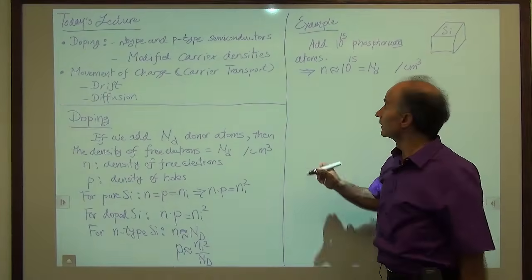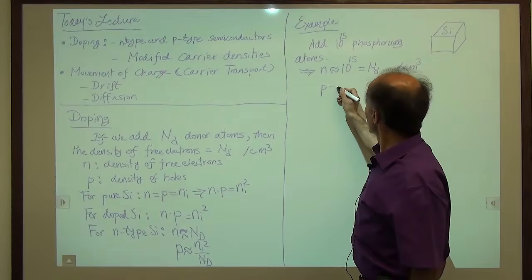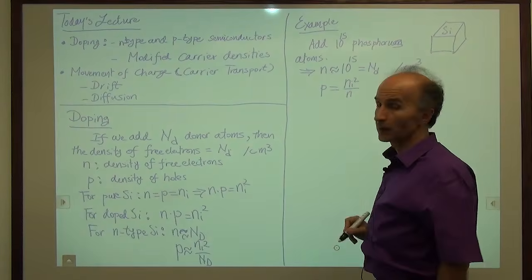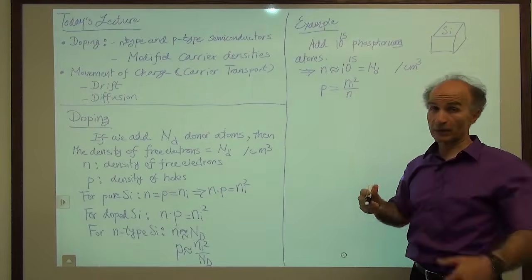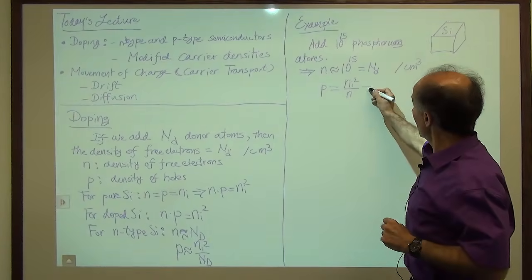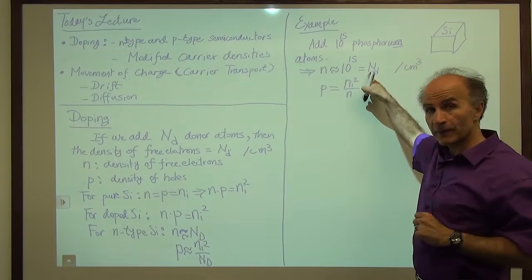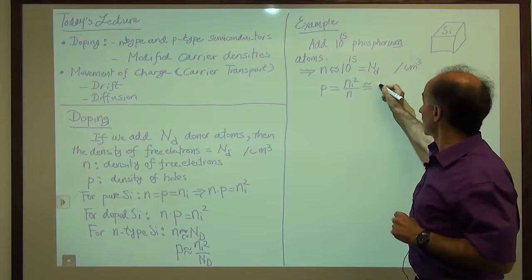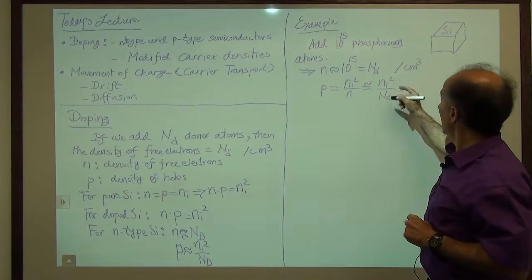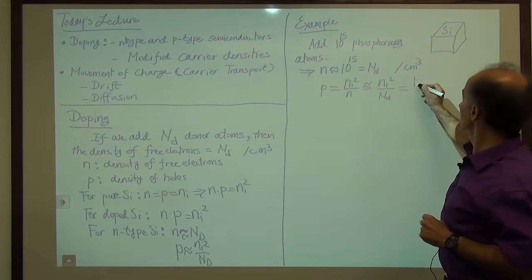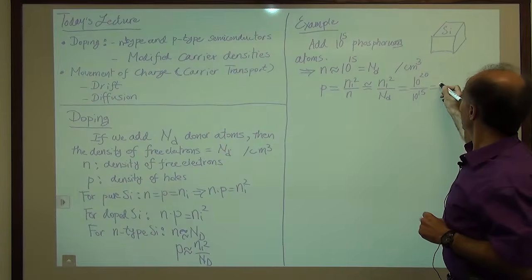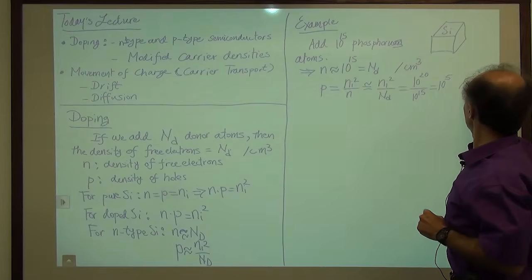How about the number of holes? The number of holes, we know, is always equal to Ni squared over N, because this product always has to be Ni squared regardless of whether it's doped or not doped. But in this case, N happens to be just the number of phosphorus atoms, approximately. So it's Ni squared over Nd. And because this is 10 to the 20, and this is 10 to the 15, we have 10 to the 5 per cubic centimeter.